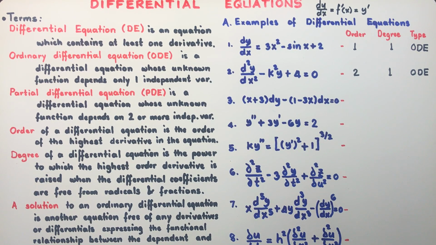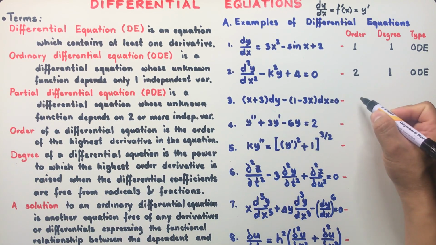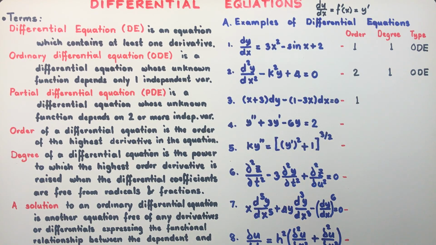And what is the order of this differential equation? The order is 1 because it involves only first differentials. And what is the degree? The degree is also 1 here because the exponent to which the differentials are raised is 1. And what type of differential equation is this?